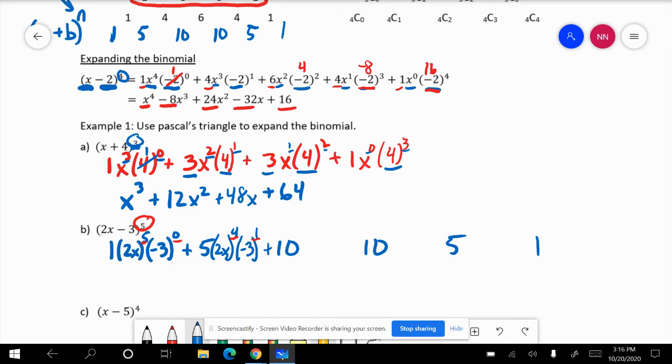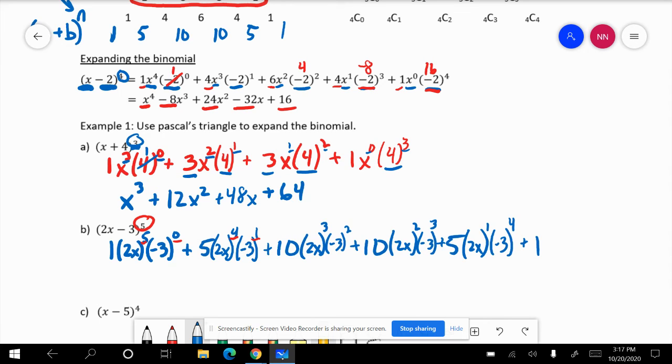So we have 2x to the 5th, 2x to the 4th. This now is 2x to the 3rd, negative 3 to the 2nd. We have 2x to the 2nd and negative 3 to the 3rd. And then we have 2x to the 1st, and then negative 3 to the 4th.